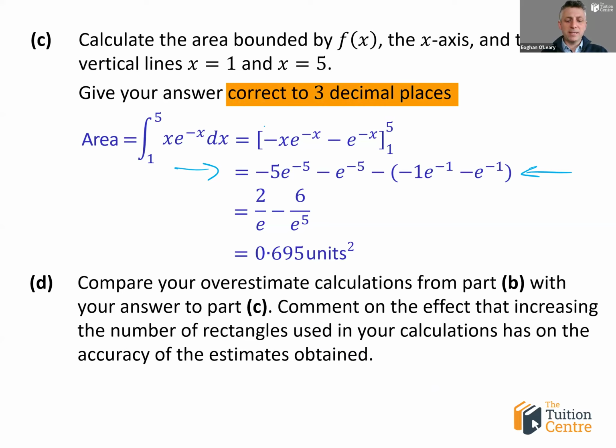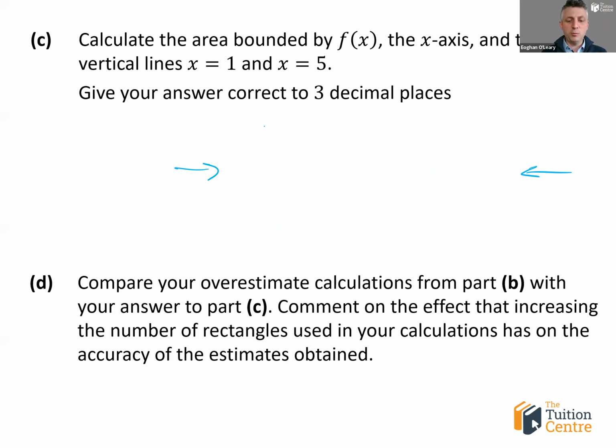Okay. So we then had to answer this last question. Compare your overestimate calculations from part B with your answers to part C. Comment on the effect that increasing the number of rectangles used in your calculations has on the accuracy of the answers obtained. So we could see that when we had 2 rectangles, we were at like 1.014.